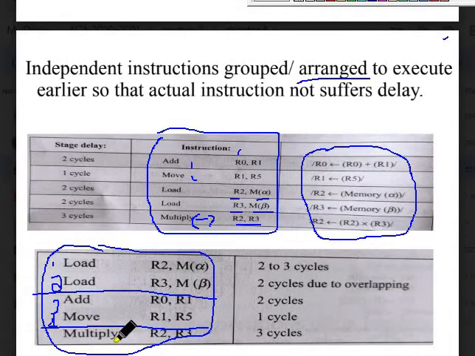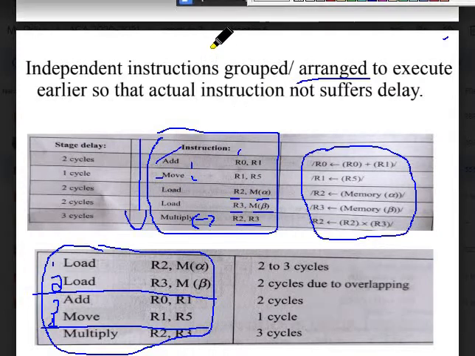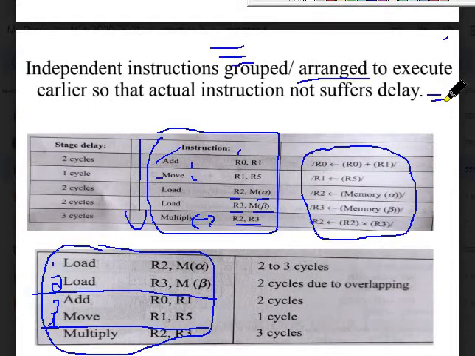Multiply is dependent on R2 and R3. If we execute in the given order, add is independent and move is independent, so they will execute. I hope you remember this type of architecture. Then comes the load first, load second. Until the second load finishes, we cannot start multiplication.